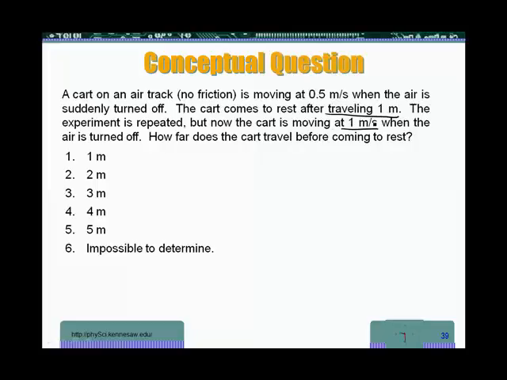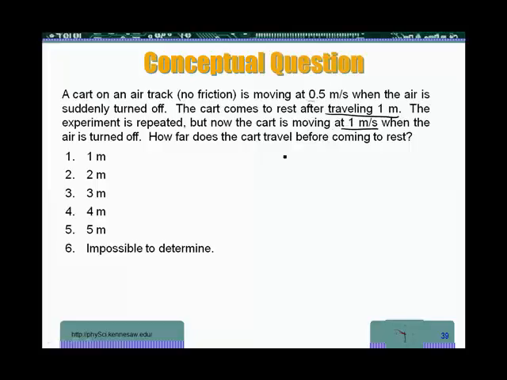Okay. Now, in here, it is moving at 0.5 meters per second. Here it is moving at 1 meter per second. So it is twice the speed.